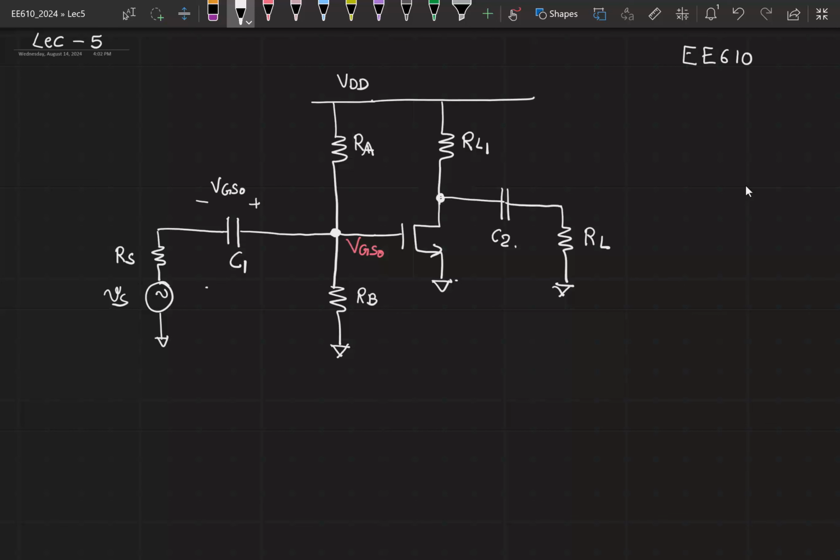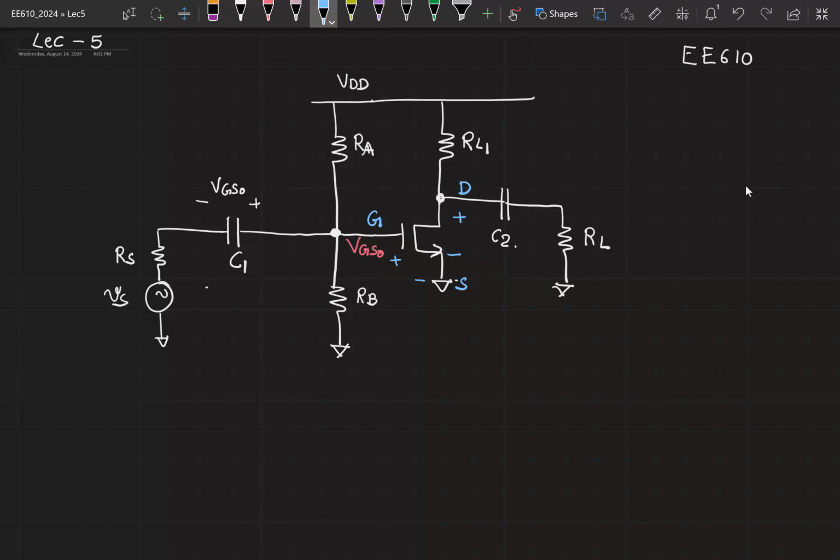Okay. So now this was our gate terminal. This is the drain terminal. This is the source terminal. And you see that in referring to our voltages, we referred the input voltage as well as the output voltage with respect to the source terminal, which was common between the two.